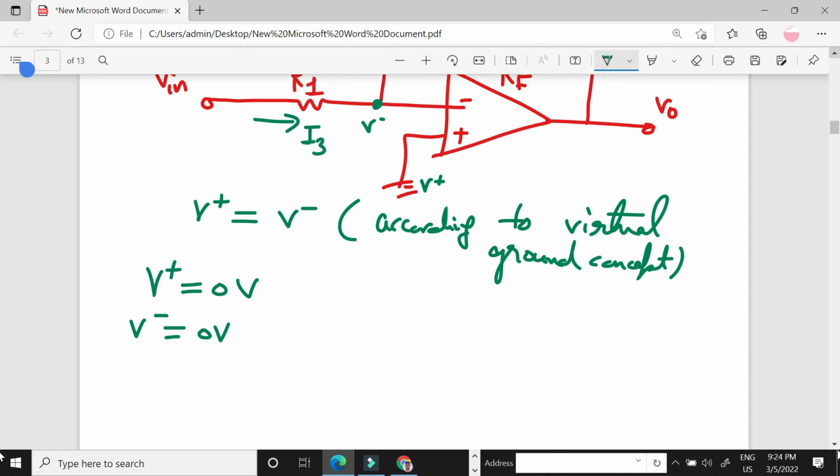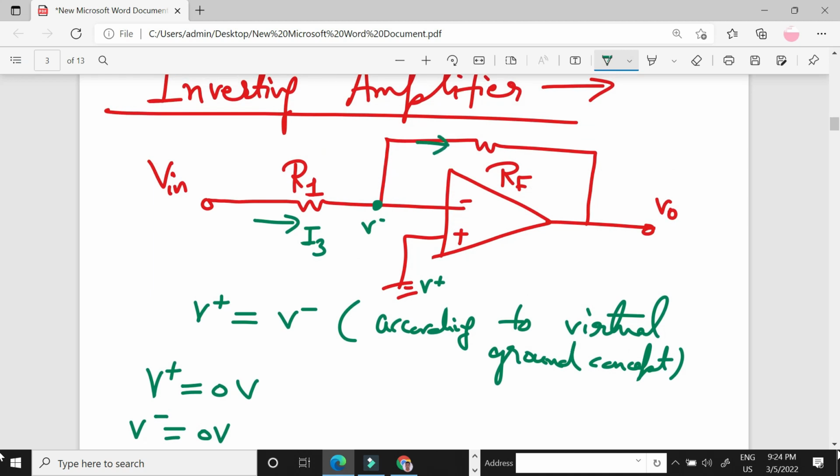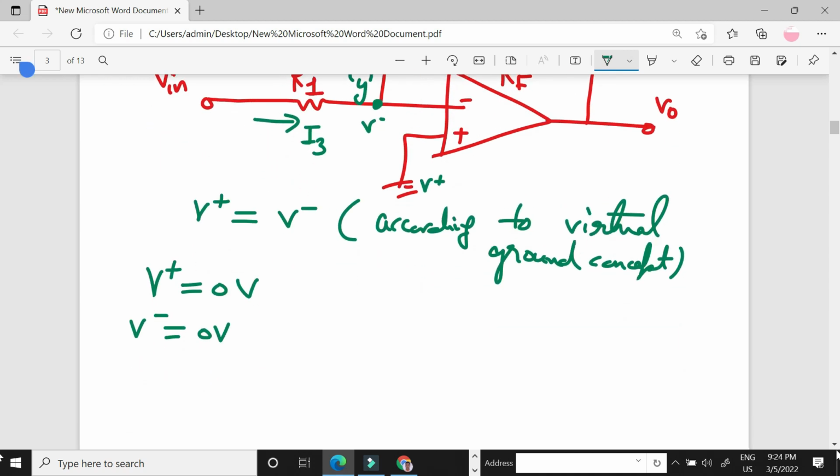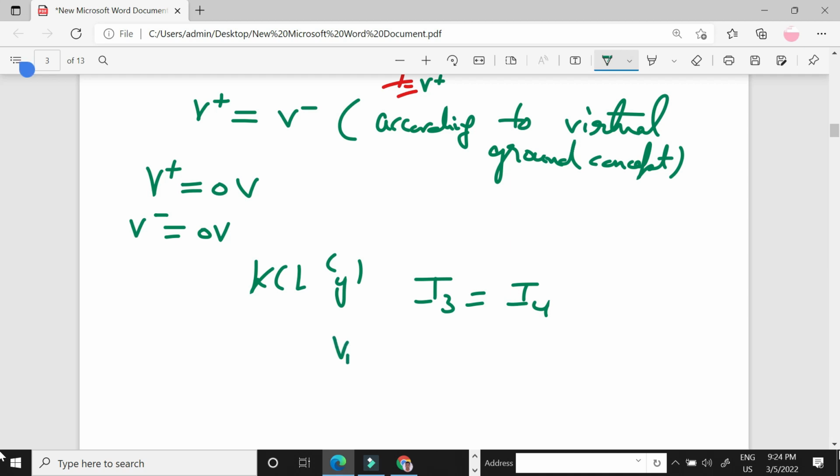Okay, so KCL at node Y: I3 is equal to I4. So V in minus 0 upon R1 is equal to 0 minus V naught upon RF.